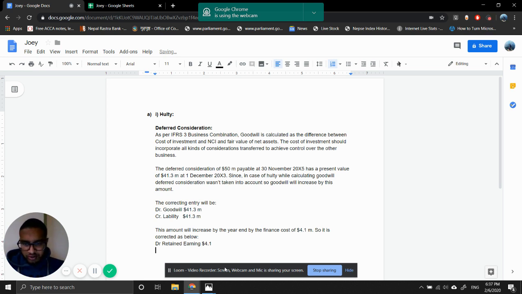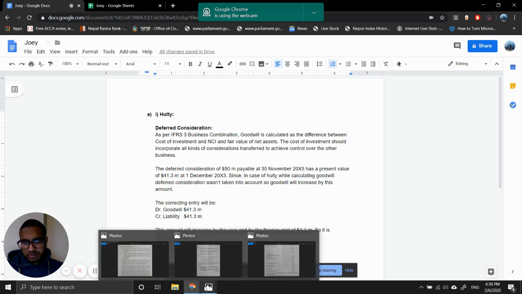Since the profit has already been calculated, this will be liability, and this will be the amount that it has basically increased by liability. Okay, so this is $4.1 million, something above as well.